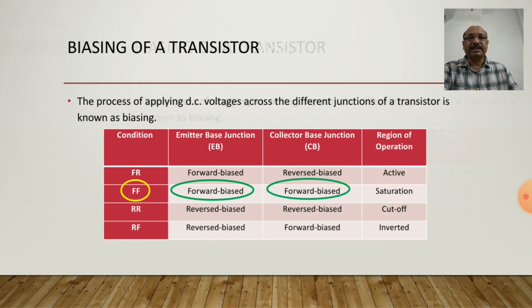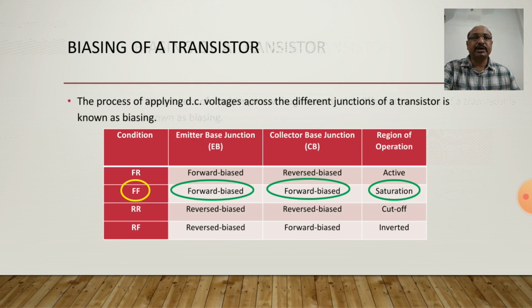In this biasing, the region of operation is known as the saturation region. In this region, the transistor acts like a closed switch, or the transistor is in the on condition.